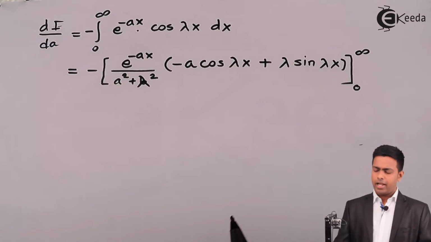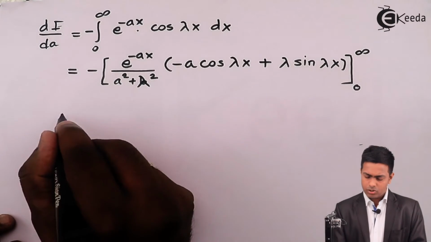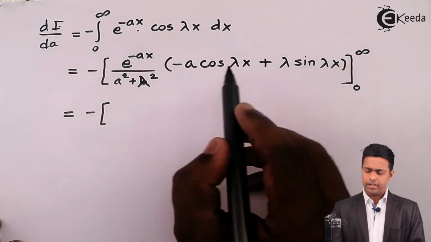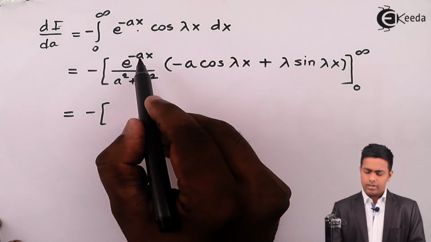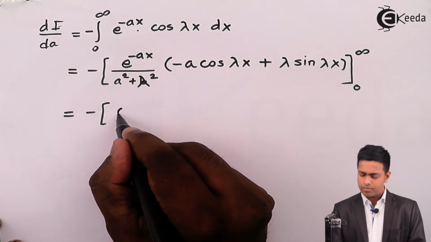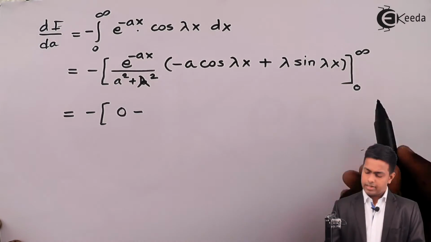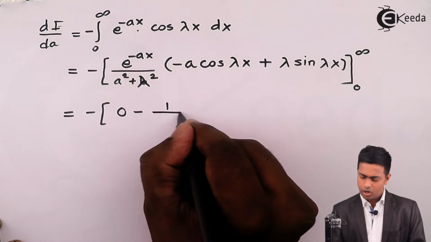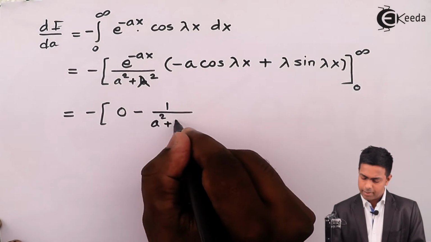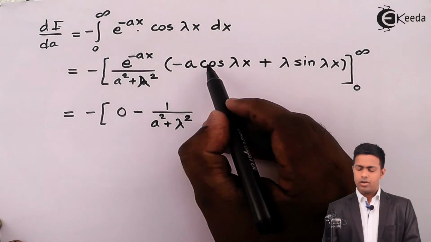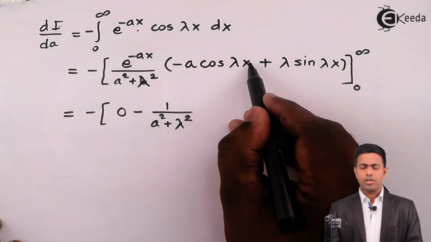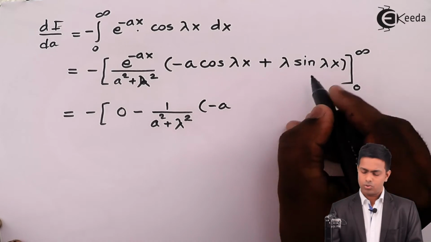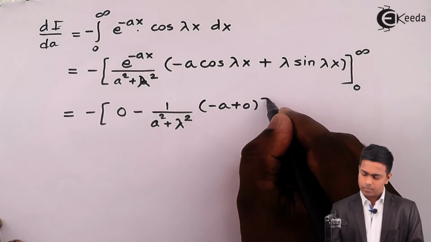Now let's apply upper and lower limit. Negative sign as it is. When we put the upper limit as infinity, e raised to minus infinity will become 0. The middle sign is negative, then we put the lower limit as 0, so e raised to 0 will be 1 upon a square plus lambda square, and here if we put 0, then cos 0 is 1, we will get minus a, and sin 0 is 0, so the second term is 0.